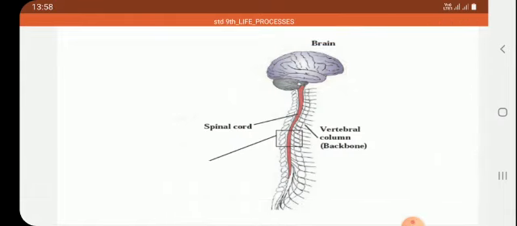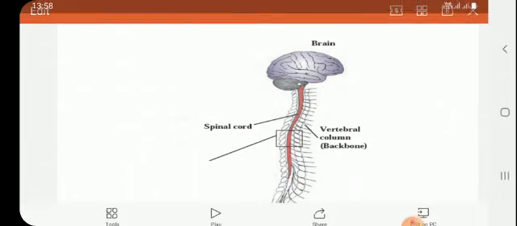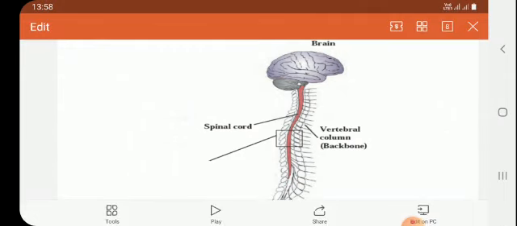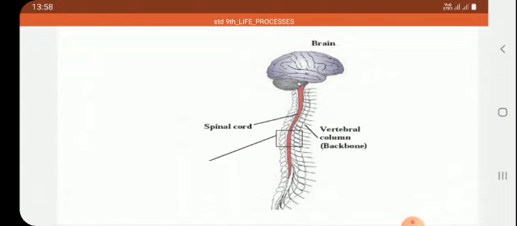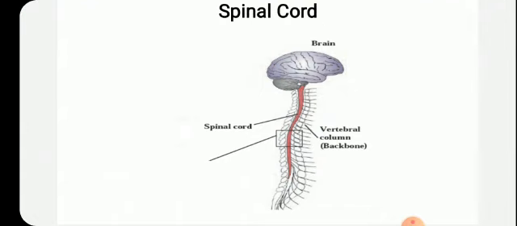The third important function of the spinal cord is the coordination of reflex action. Whatever sudden actions take place are controlled by the spinal cord. So it is performing three important functions: carrying messages from the skin to the brain, bringing messages from the brain to the skin, and controlling the functioning of the different glands present inside our body.